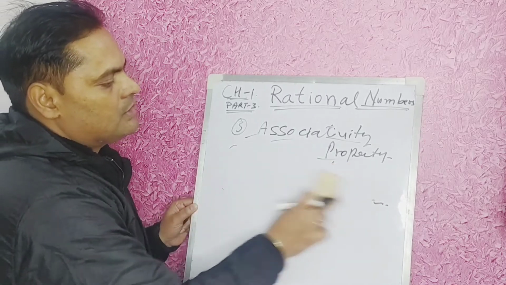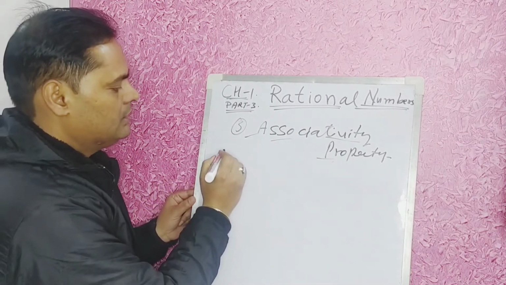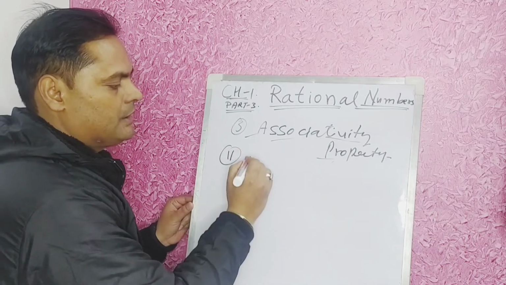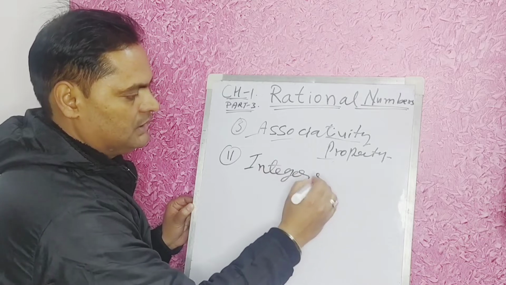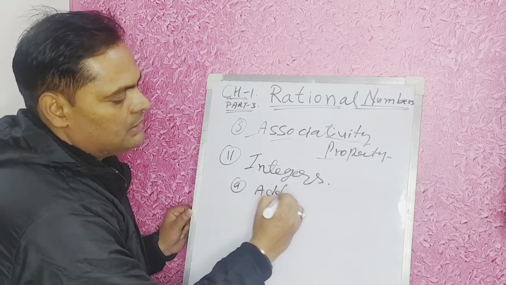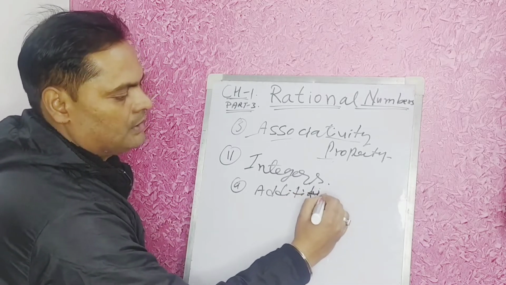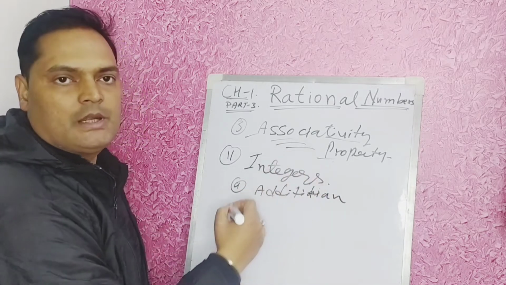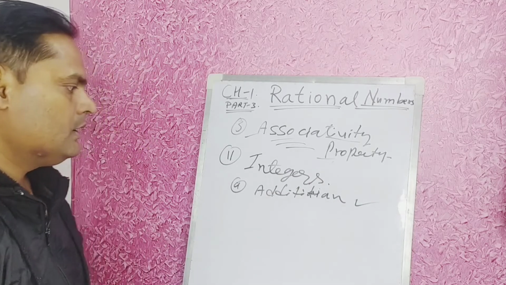Let's come to the next topic, that is associative property in the integers. This is the second one. So we know that if you do the addition in the integer part, this is associative property, and definitely it will give you the result.